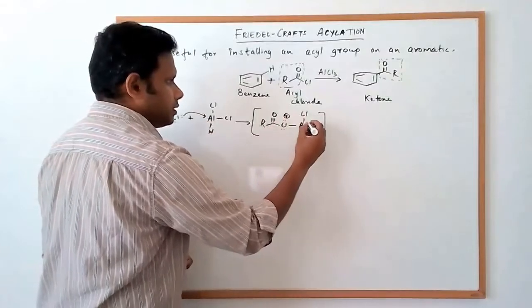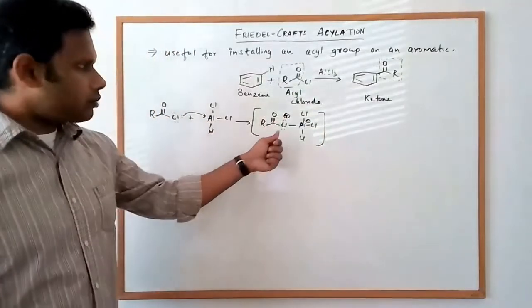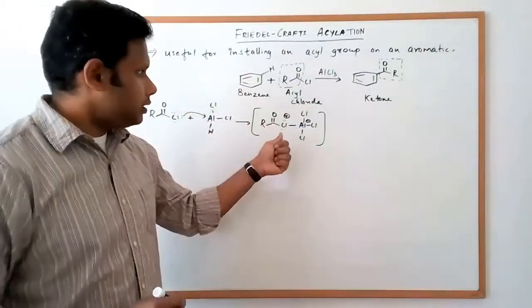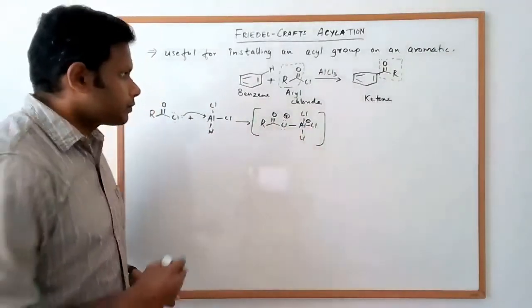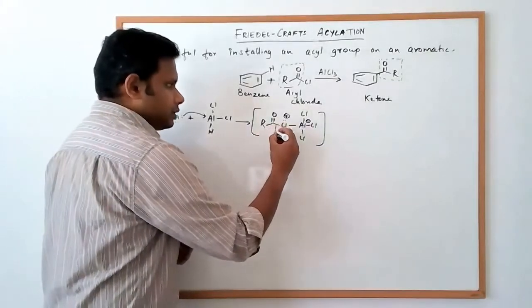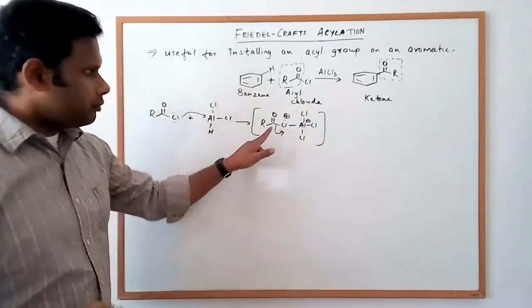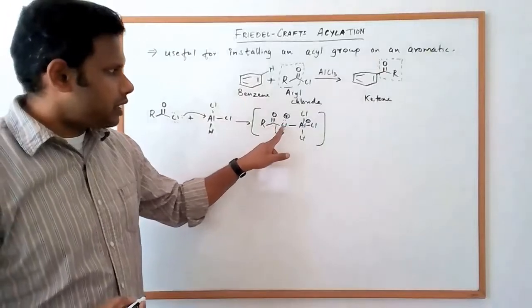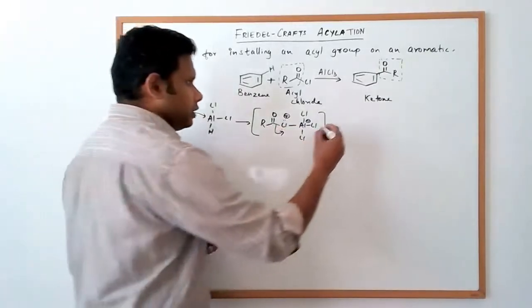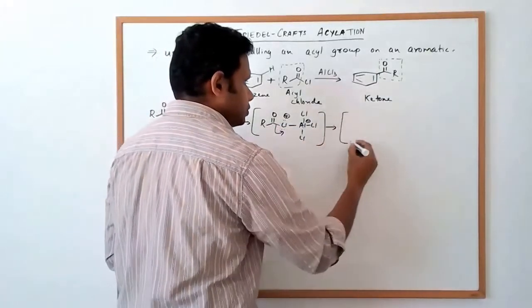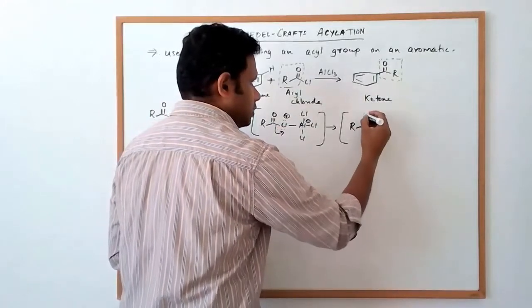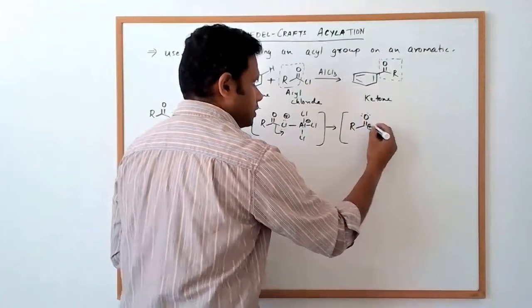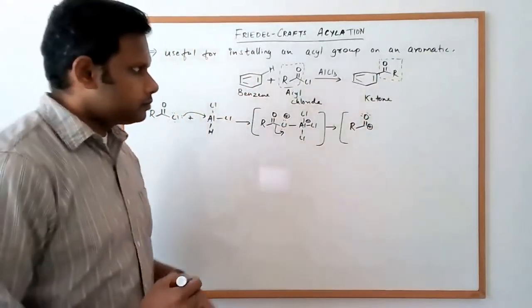And this intermediate is going to have a formal positive charge on the chlorine and a formal negative charge on the aluminum. And from this intermediate, the bond between the acyl carbon and the chlorine breaks open and it goes to the aluminum such that we are going to get this carbocation.